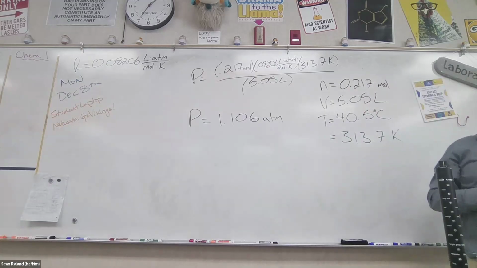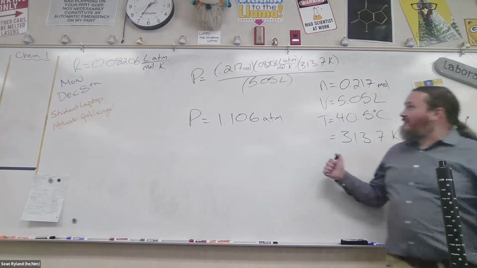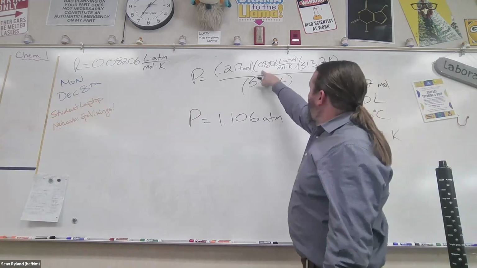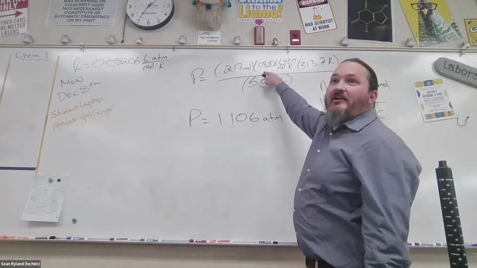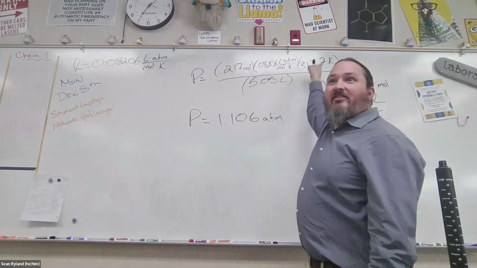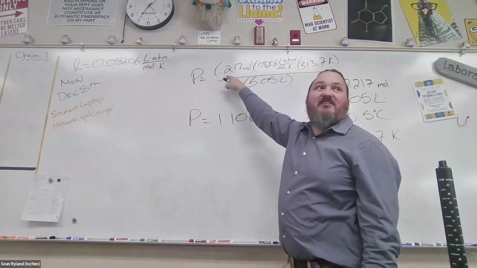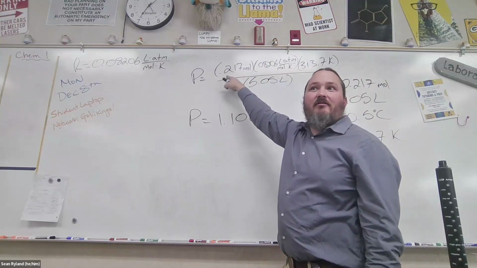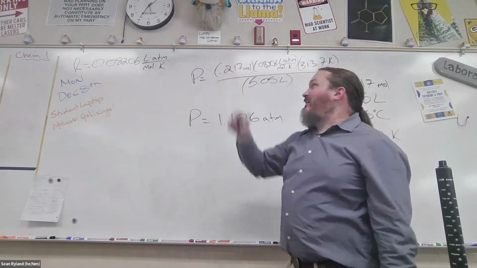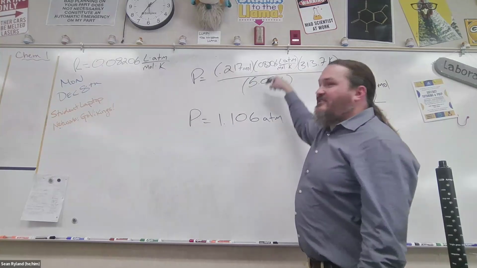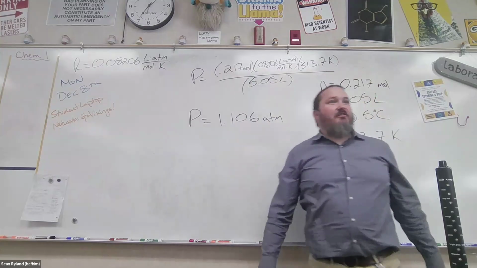Just round everything, so it's math that you can do in your head. Call R 0.1, call that 300. So that's 30 times 0.2, which is the same as a fifth of 30. So 30 divided by 5 is 6. 6 divided by 5 is about 1.1.